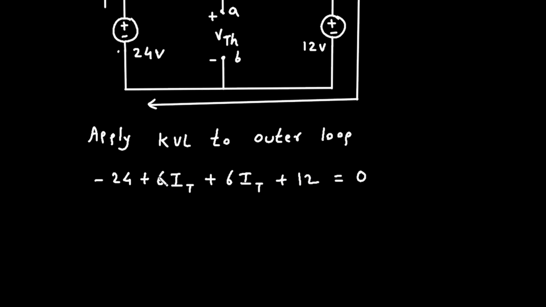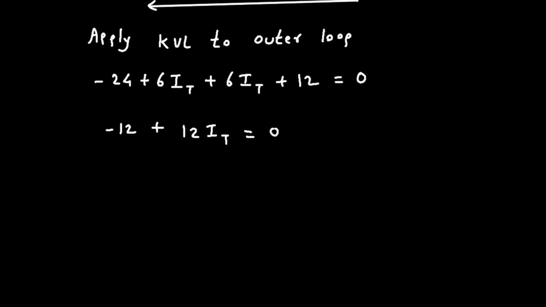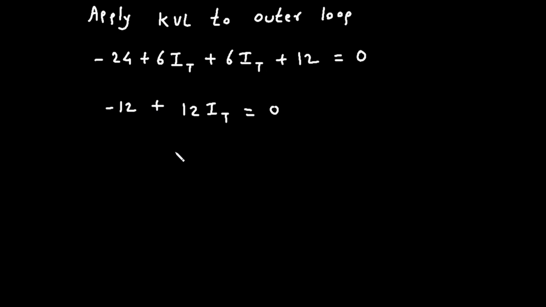So here minus 24 and 12, this will be minus 12, and this 6 IT plus 6 IT, this will be plus 12 IT is equal to 0. If we take this 12 on right side, so it will be 12 IT is equal to 12. So IT is equal to 12 upon 12, which is equal to 1 ampere.